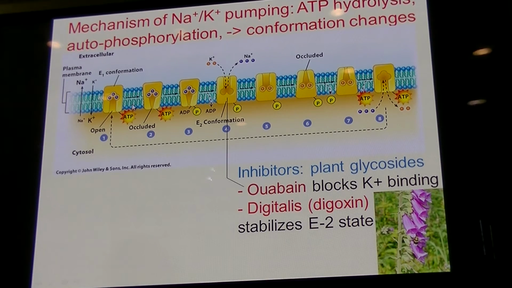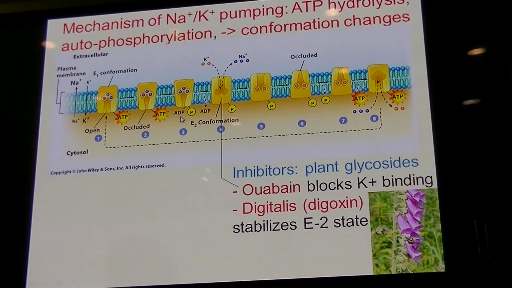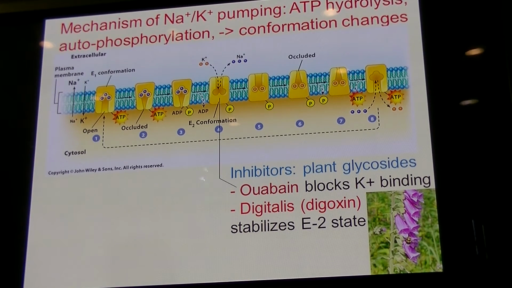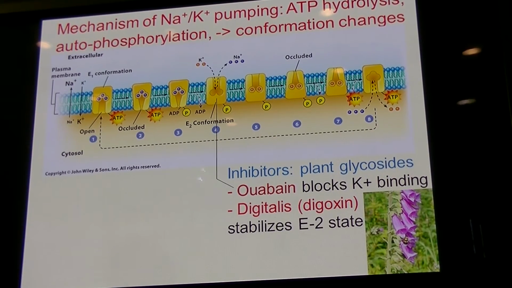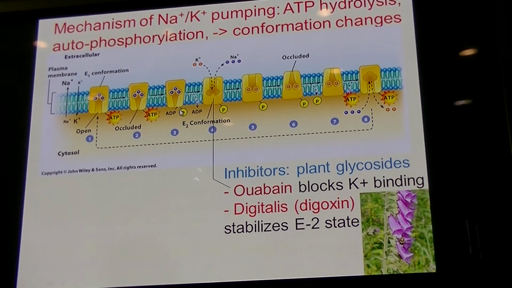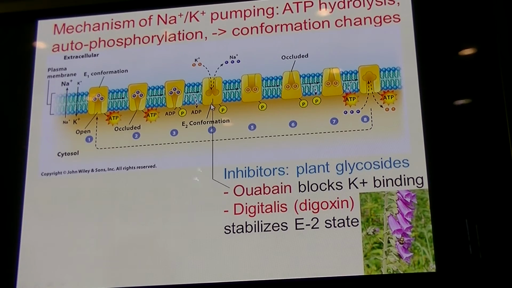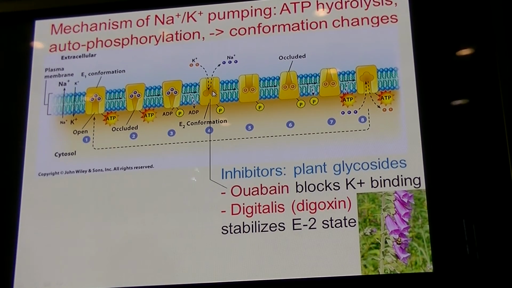The protein can then bind ATP and it can phosphorylate itself. So it's a kinase, and it is an ATPase at the same time, and it uses that ATP to put a phosphate on itself, and that drives the conformational change, going from the E1 to the E2 state. So we're now phosphorylated, go to the E2 state, and now that binding pocket for sodium is exposed on the exoplasmic side.